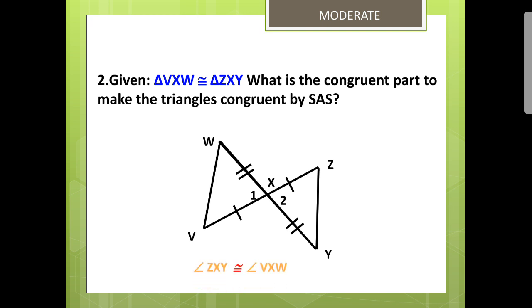So the answer is angle ZXY is congruent to angle VXW. Since there is an identical mark, based on the given identical mark, the additional congruent part is an angle. So, it is possible angle 1 and angle 2. Angle X is congruent to angle X. And this one using 3 letters. Okay?